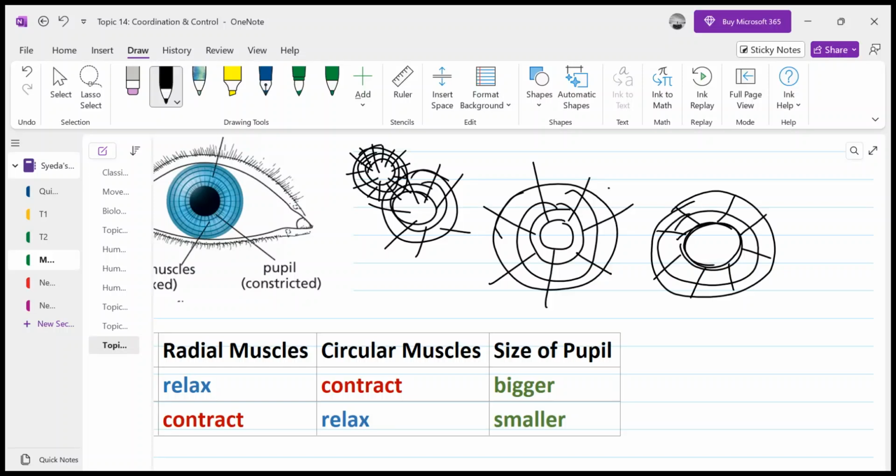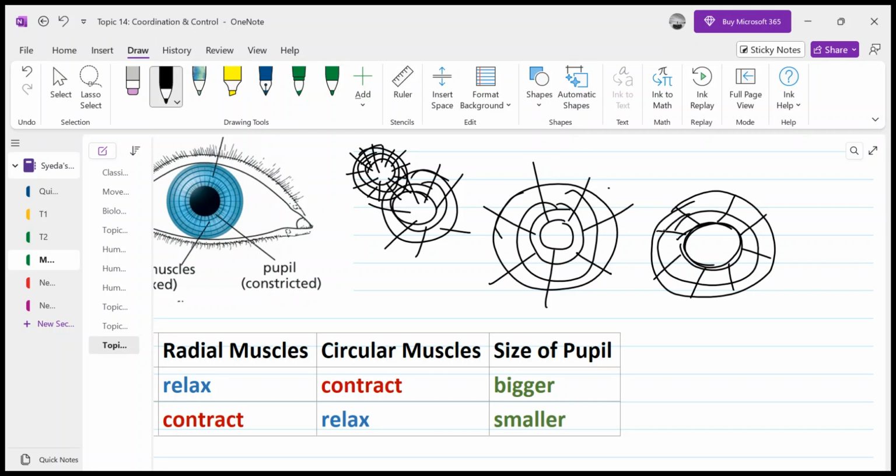And as you can see, here they are relaxing, that's why they look longer compared to here, because they are contracting. Whenever something contracts, its sides become smaller, right? And whenever something relaxes, its sides become longer. So here the radial muscles are relaxing, and here the radial muscles are contracting. So that's why the size of the pupil is getting changed.